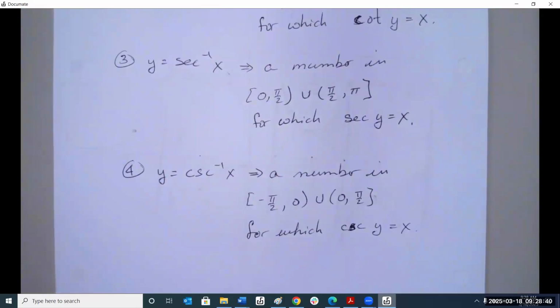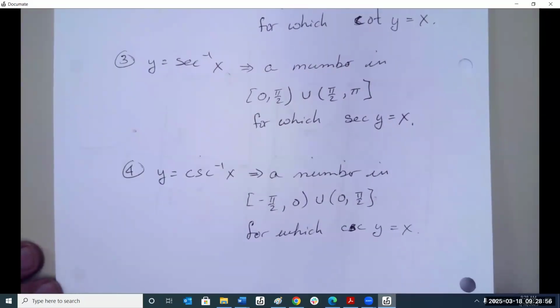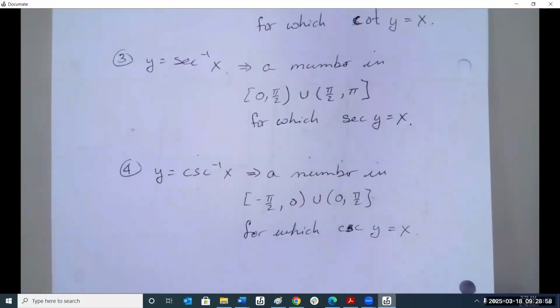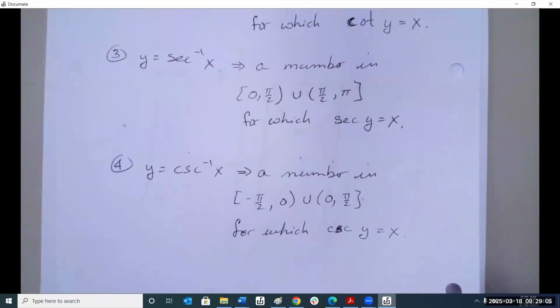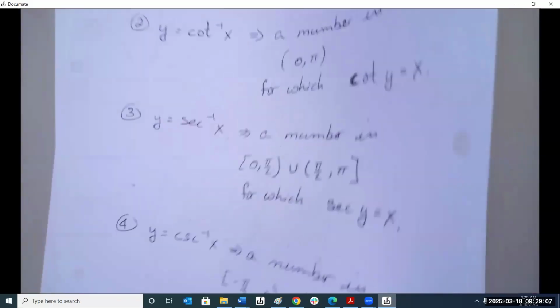Let's look at examples here. The beautiful thing about this is that finding the derivatives of these is formula based.